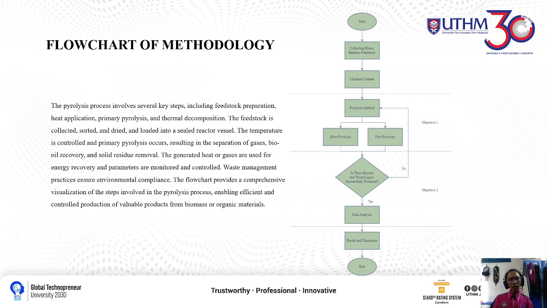The generated heat or gases are used for energy recovery, and parameters are monitored and controlled. Waste management practices ensure environmental compliance. The flowchart provides a comprehensive visualization of the steps involved in the pyrolysis process, enabling efficient and controlled production of valuable products from biomass or organic material.